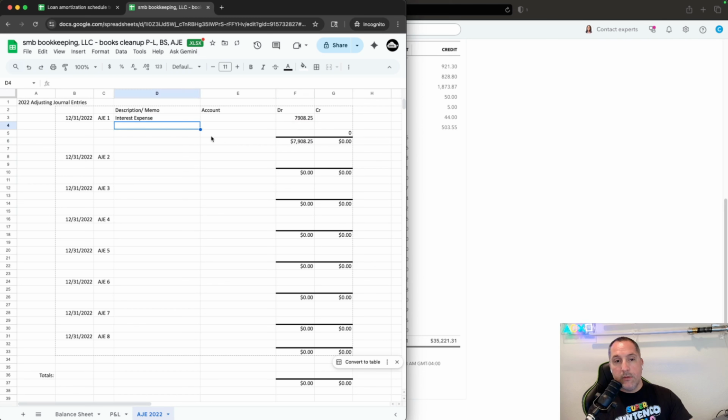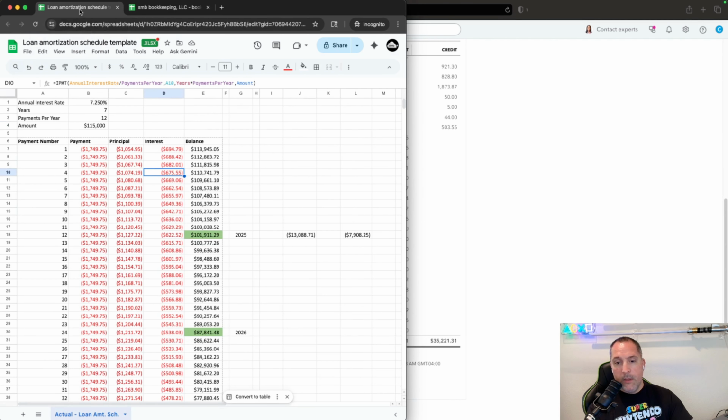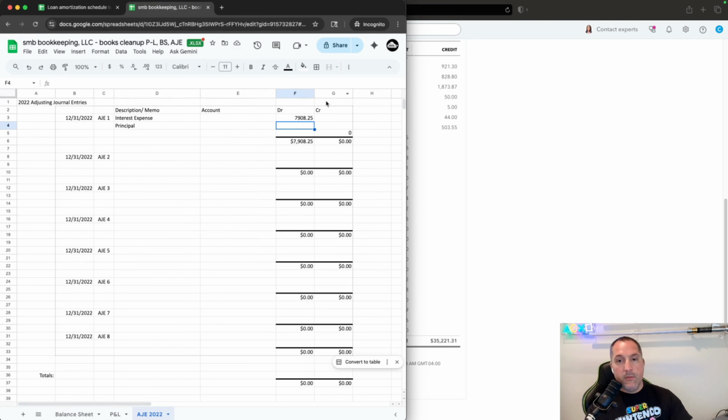And I'm also going to add the principal that was paid. And the principal is going to be a debit to the balance sheet account. That's going to reduce the long-term note payable. Principal was $13,088.71.